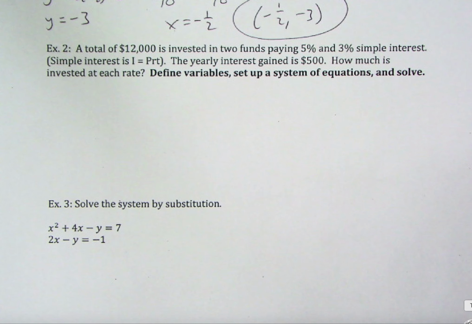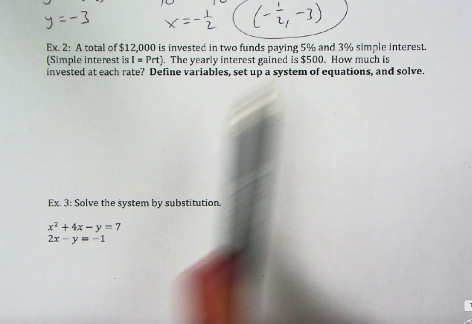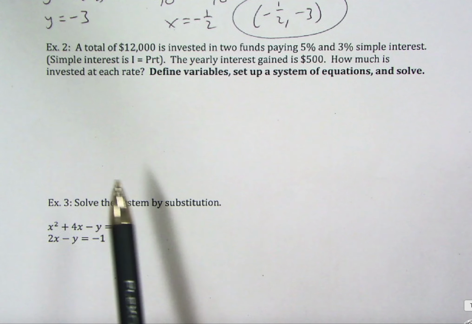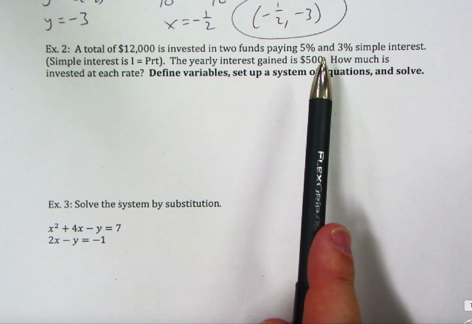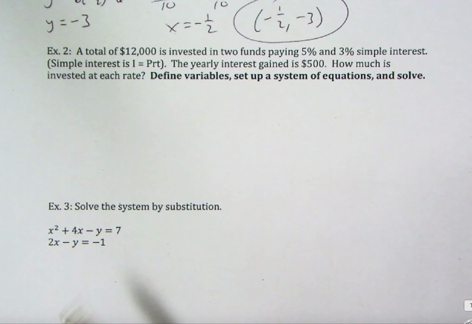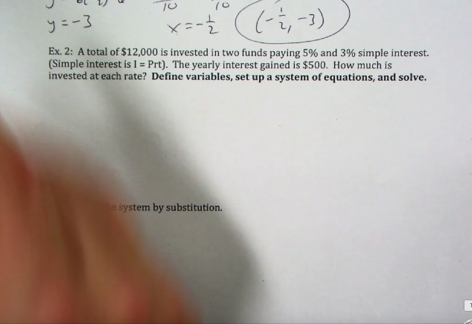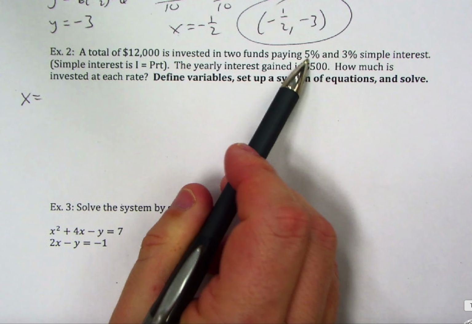Okay, so last semester we had X be one of the two accounts. Well, now that we're doing systems and we're trying to find two different things, like how much went into 5% and how much went into 3%, we can actually use two different variables. So I'm going to have X be the amount of $12,000 that goes into 5%.